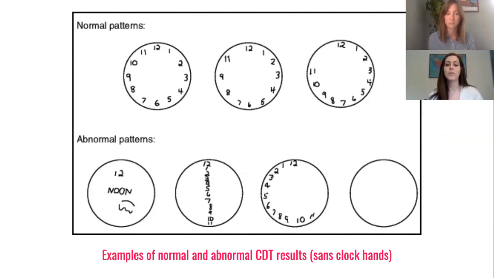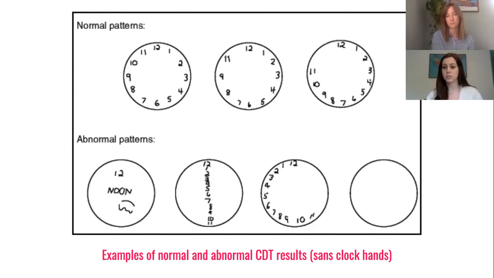One that I was thinking was neglect would be the third one from the left on the bottom. So the one where it's got the numbers that kind of go halfway. That looks like it might be neglect to me because it's not really seeing that other side.